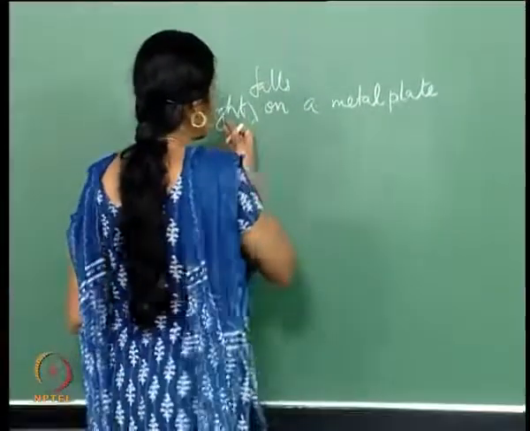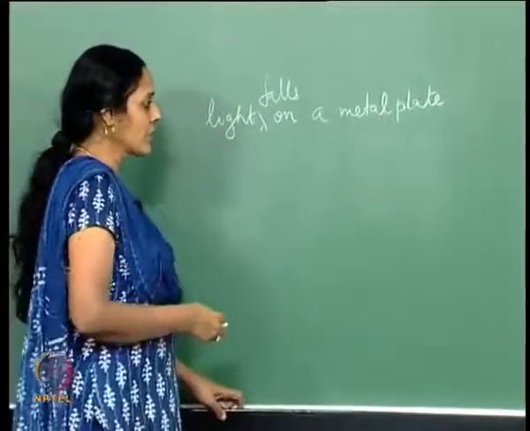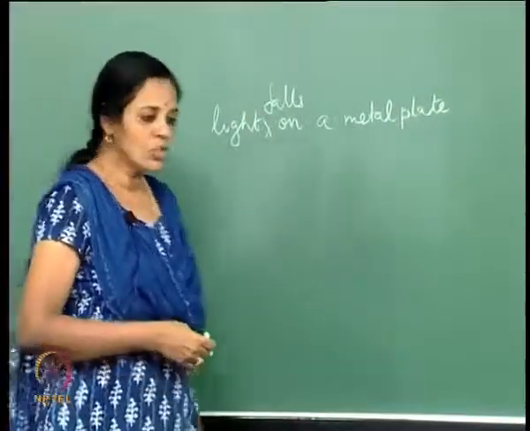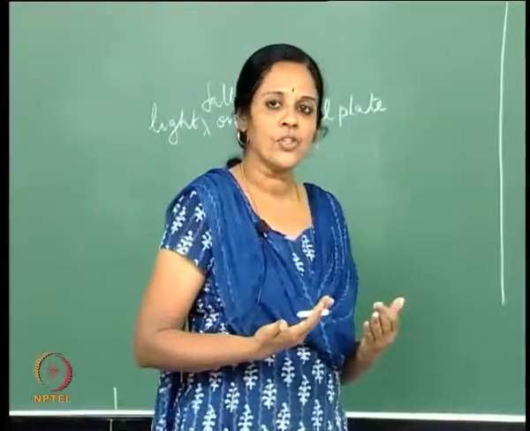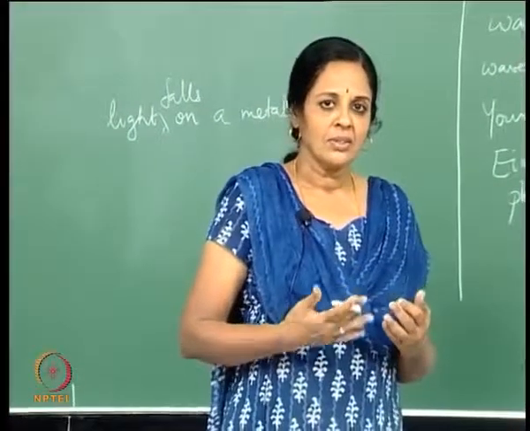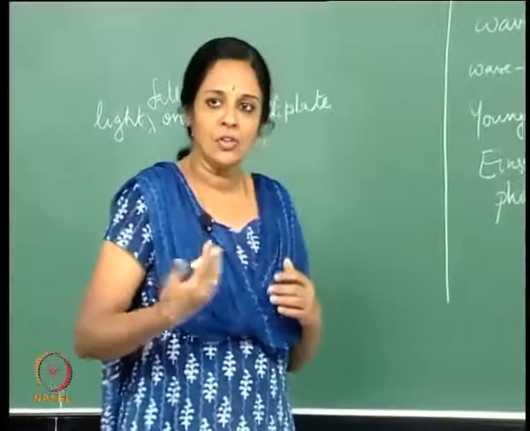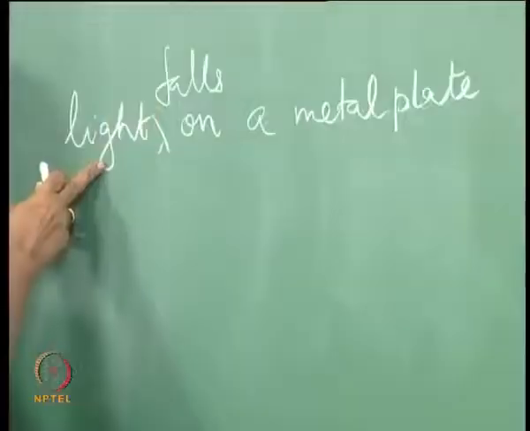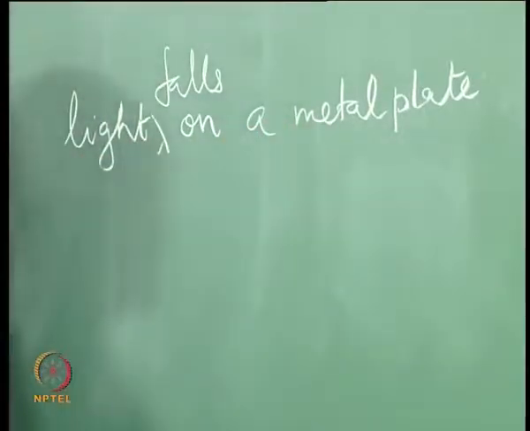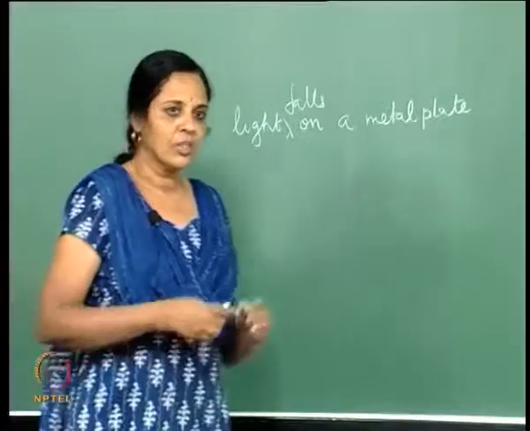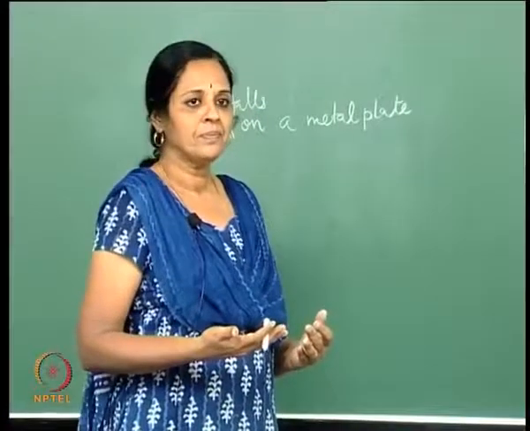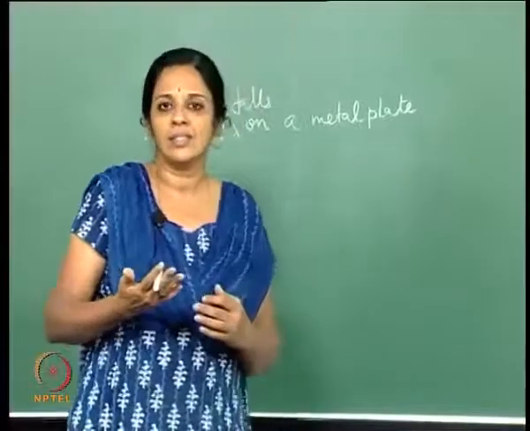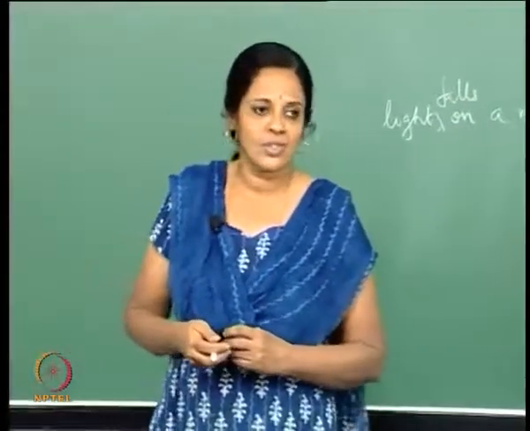Now, if the light were thought of as electromagnetic waves and electrons come out of this metal plate, you would normally expect the energy of the electron that comes out to be related to the intensity of the incident light. In other words, as the intensity of the incident light changes, you would expect the energy of the electron to change. For light of very low intensity, you would expect low energy electrons. For light of high intensity, you would expect high energy electrons.